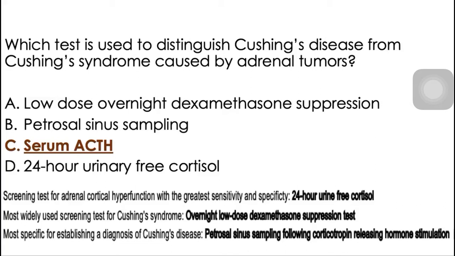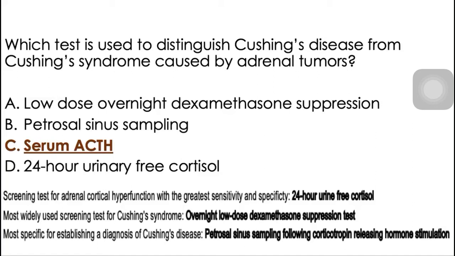Okay? While the most widely used screening test naman po is the dexamethasone suppression because dexamethasone nga po can suppress cortisol. Pero kapag may case nga po ng Cushing syndrome, it will not be suppressed. Ibig sabihin, the cortisol remains elevated.